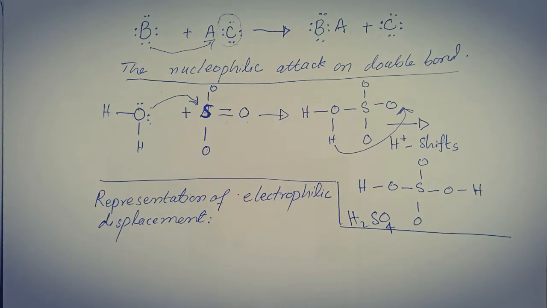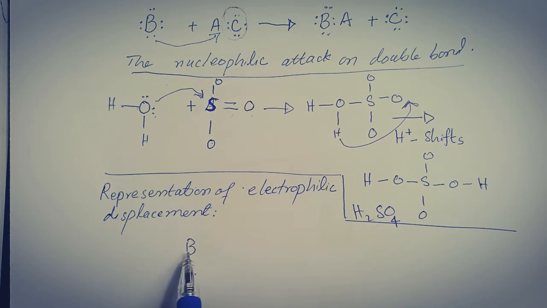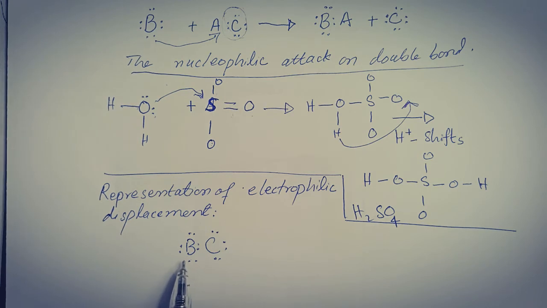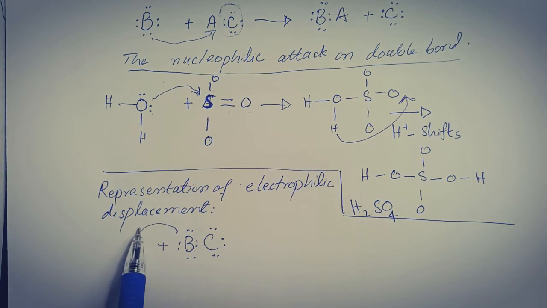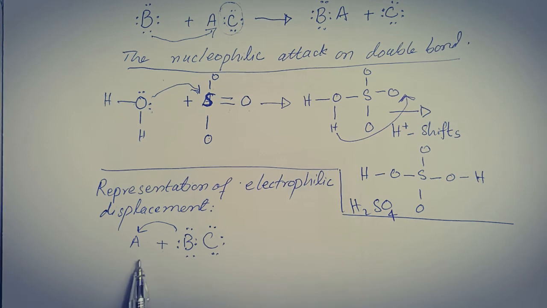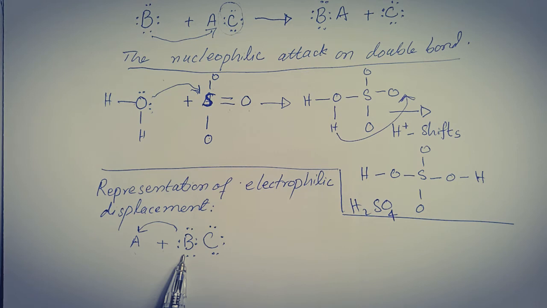Now let's represent the electrophilic displacement reaction, in which there is a bond between these two atoms, and being electron rich, it can attack the electron deficient molecule A. So this kind of attack is known as electrophilic displacement or electrophilic attack, because the attacking reagent is electron rich.